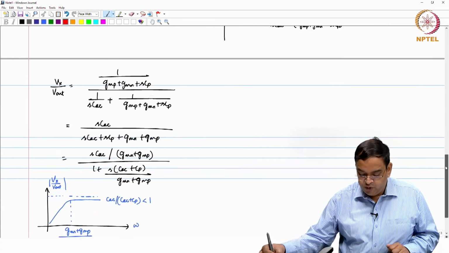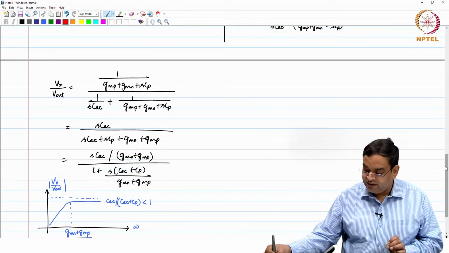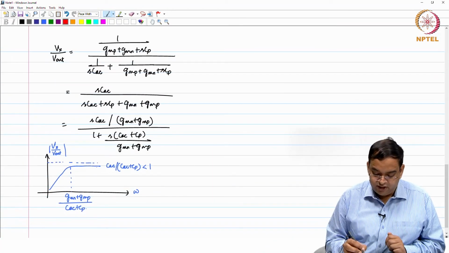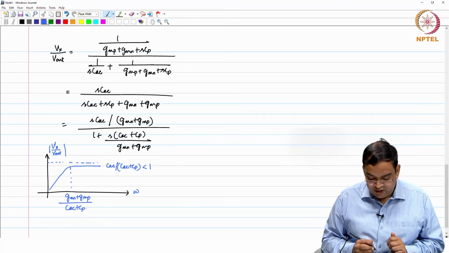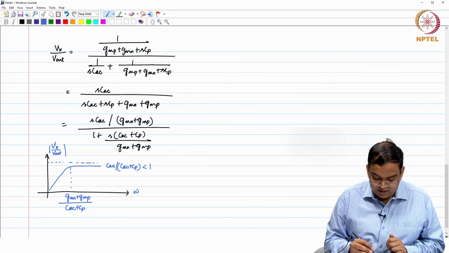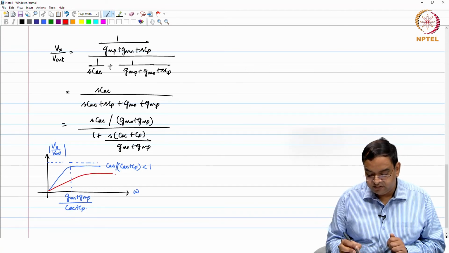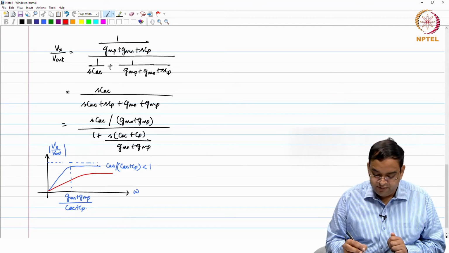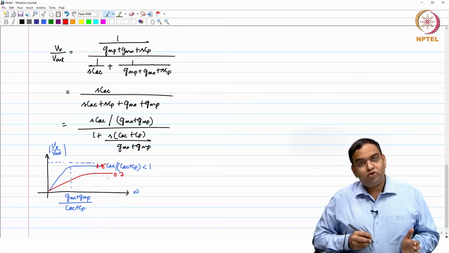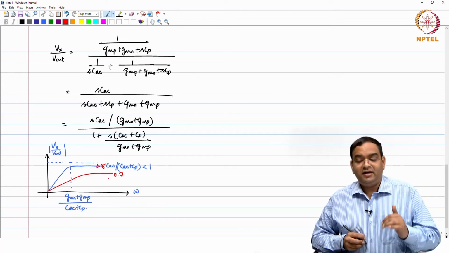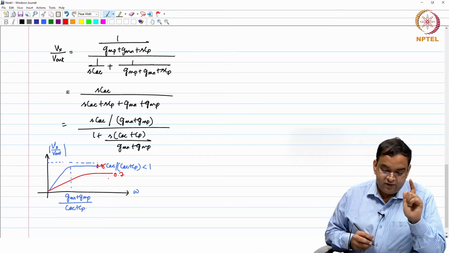If you choose your CAC smaller, you get another curve. Let me pick a value: this curve is 0.95, and this one happens to be 0.7. So, your output swing will get reduced.